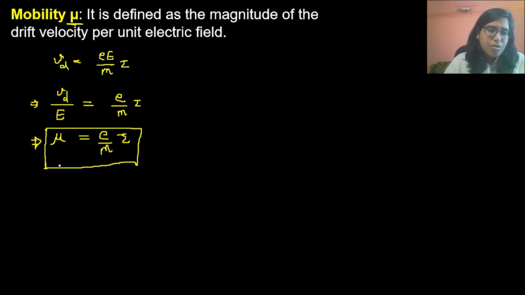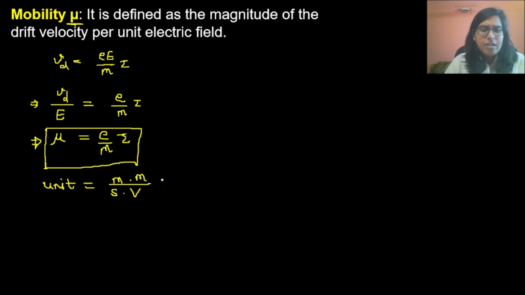Now the SI unit of mobility we can calculate from here. Vd by E: unit of Vd is meter per second, velocity unit is meter per second, and unit of electric field you can write from V by L, volt per meter.